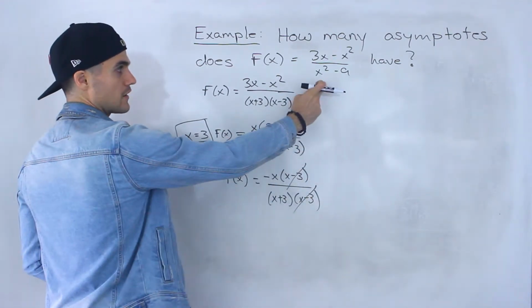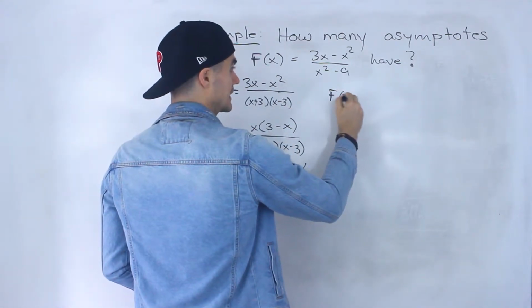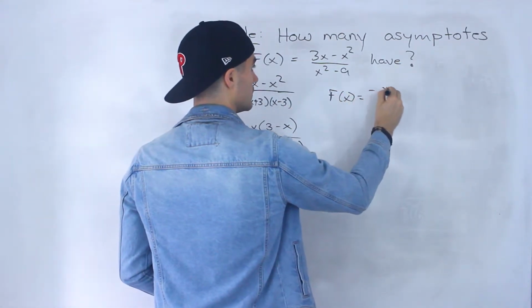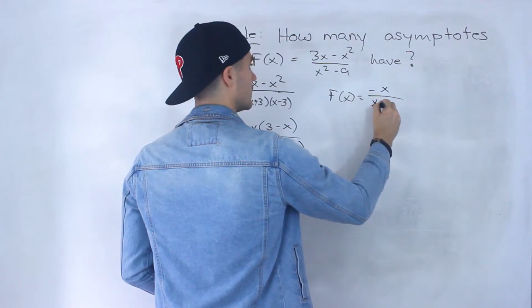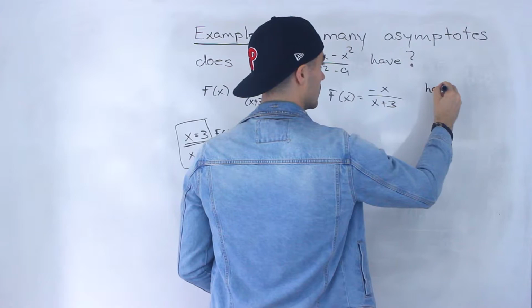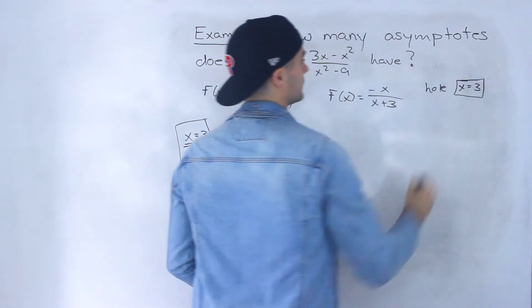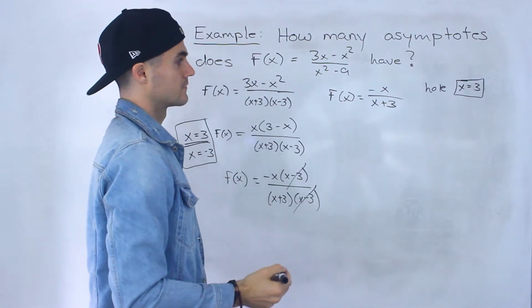And so if we fully simplify it, the function is basically this function, right, with a hole at an x value of 3, like that.